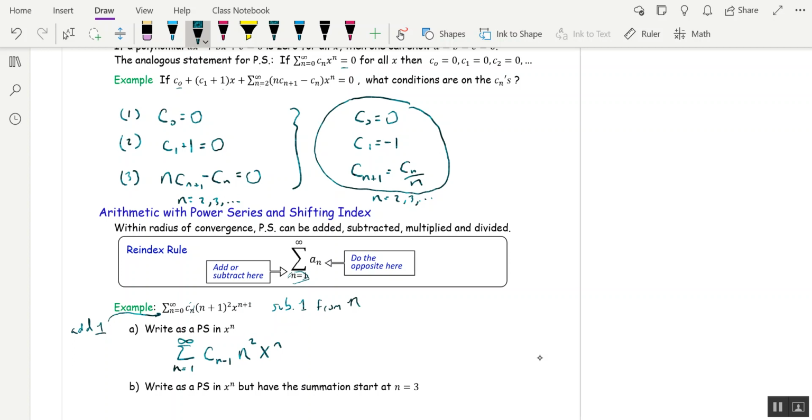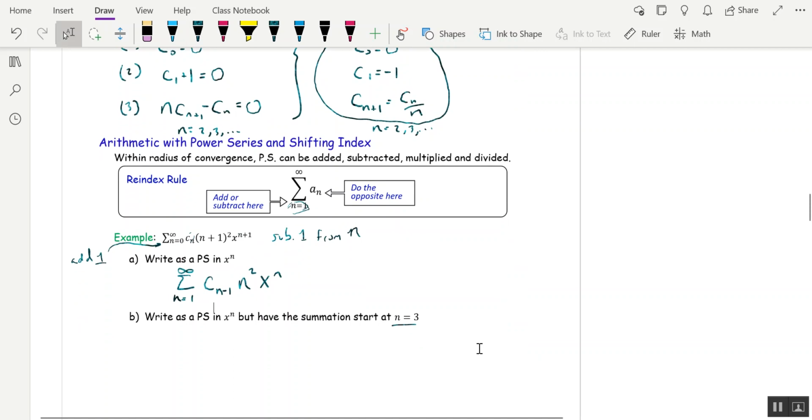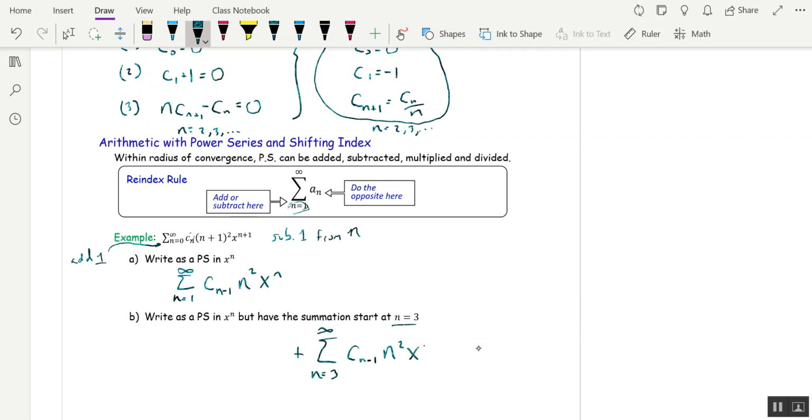Now, suppose I want to write that starting at n equals 3. So this would be common. We'll have to rewrite this so it starts in a certain place. If I'm starting at 1 here, if I want to start at 3, I'll just go ahead and do that. N equals 3 to infinity, c sub n minus 1 n squared x to the n.